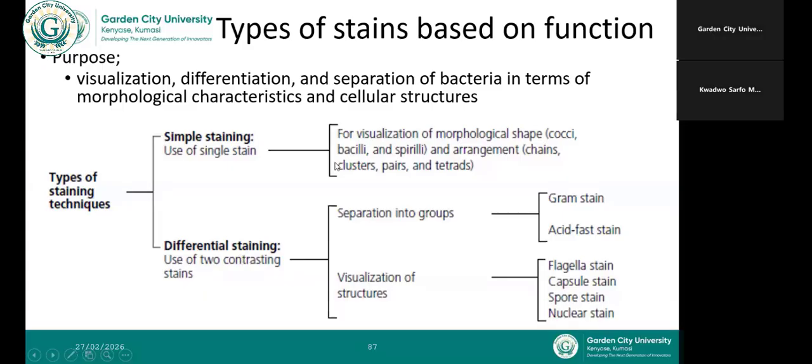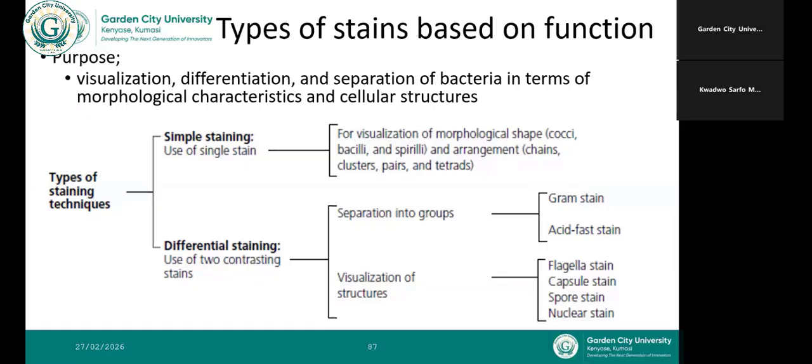So in some facilities, this is mostly done in emergency care when the clinicians need results as soon as possible to initiate treatment. The lab person may go ahead to use a simple staining just to see the morphology. So are they cocci? Are they bacilli?